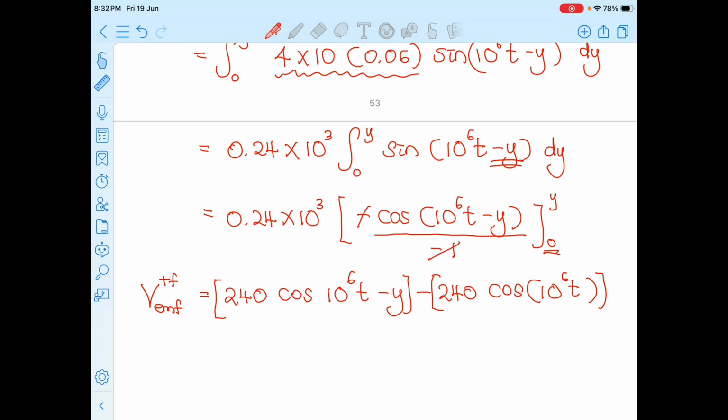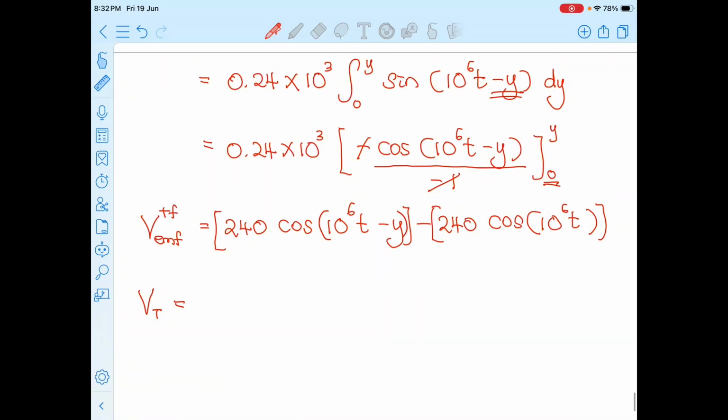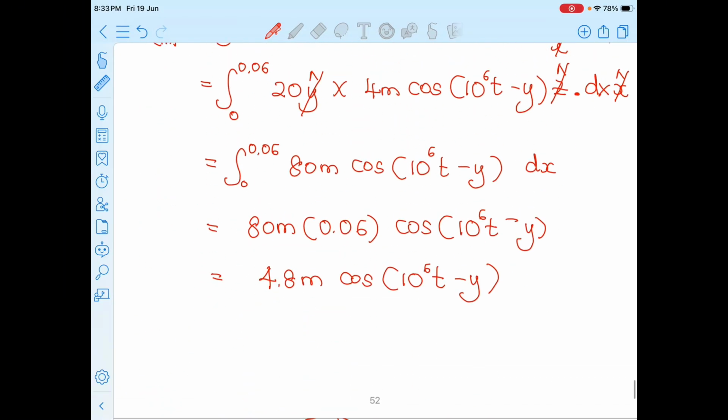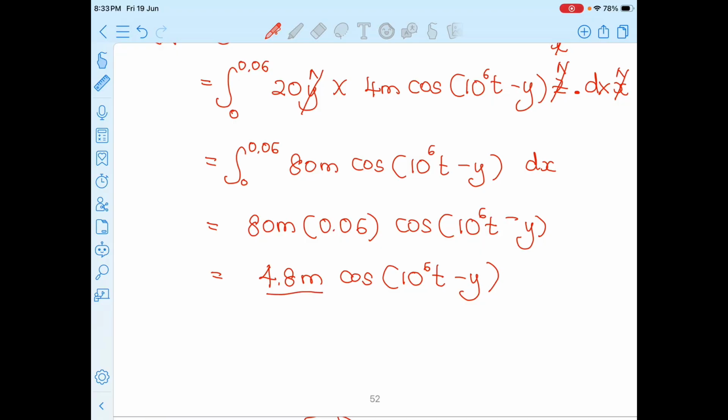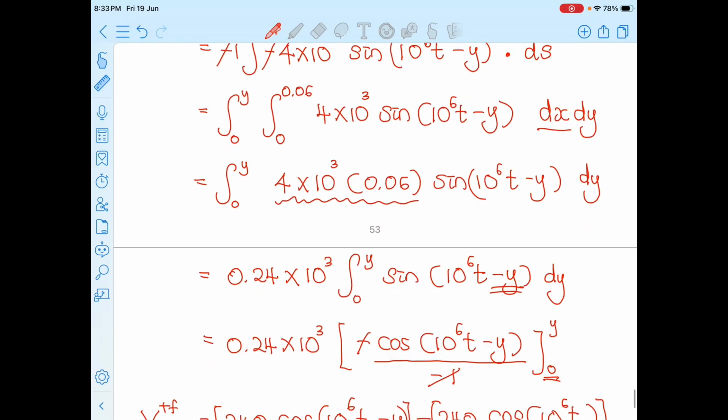So you can combine your transformer EMF and also your motional EMF. The V total is equal to, in fact, you can combine with the motional EMF. What is the motional EMF? It's very small, 4.8 milli.